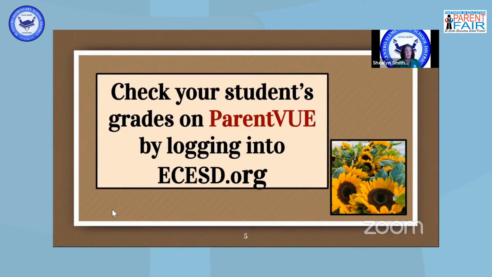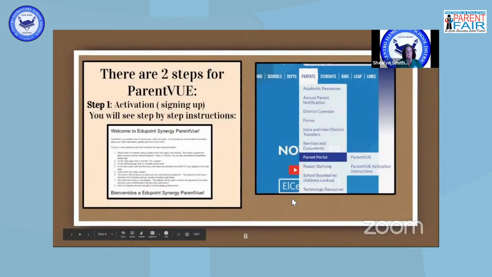So ParentVUE is, you find it by logging in to our El Centro Elementary School District website. So there are a couple of steps, 2 steps for ParentVUE. On the right-hand side of the screen, we have what it looks like.